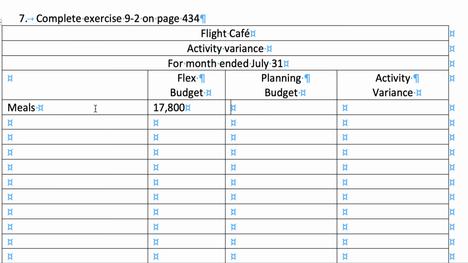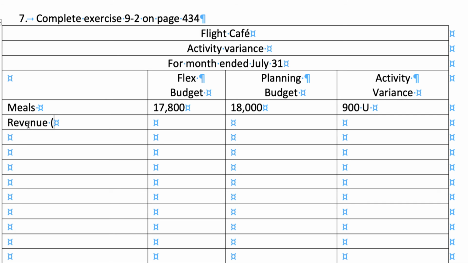Planning budget, the static planning that we did, we said, you know what? We're going to plan for 18,000 meals. Okay. So right off the bat, we have an activity variance of 900 unfavorable. Okay. Why is it unfavorable? Well, we planned for 18,000, but based on the flex budget, we actually only prepared and sold 17,800. So we're unfavorable.